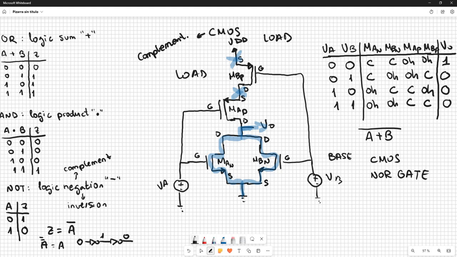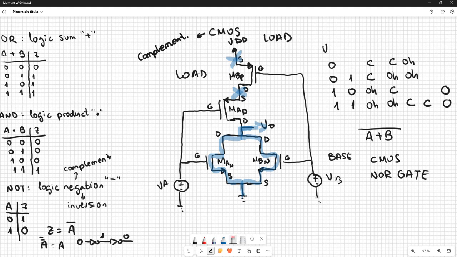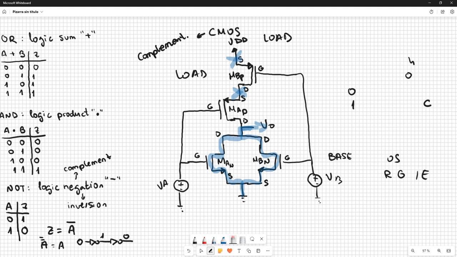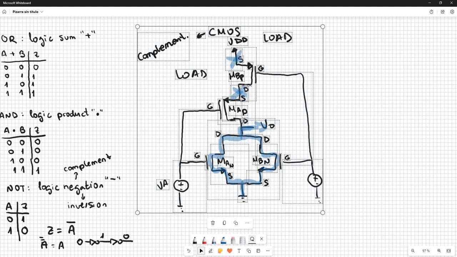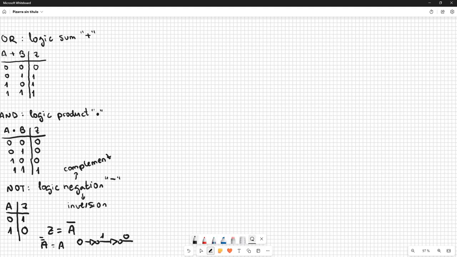So now I'm going to tell you a method that you can follow to design any kind of logic function. I'm going to delete this. Okay. So we are going to focus on the base part of the CMOS and NMOS technologies.